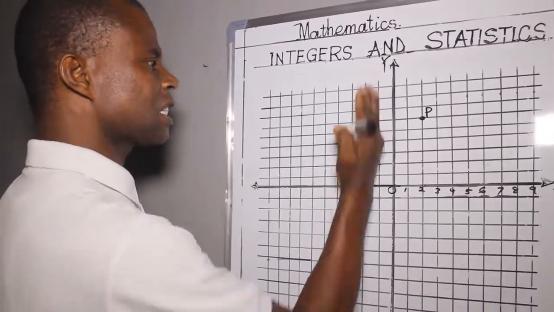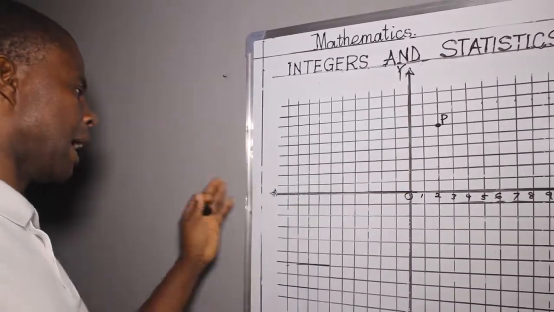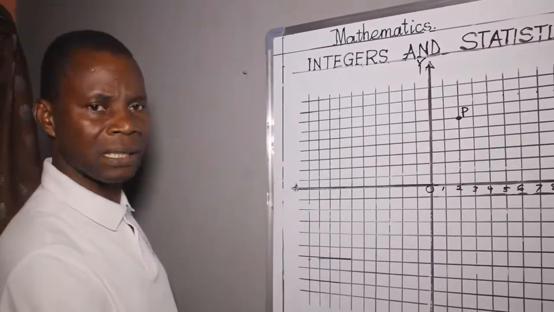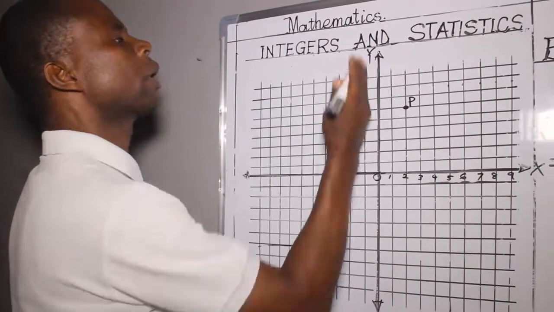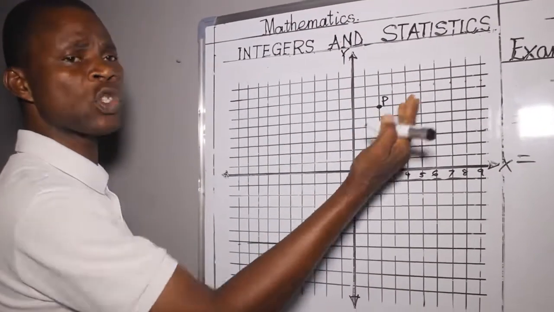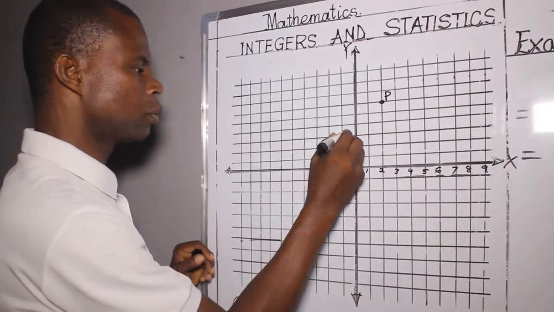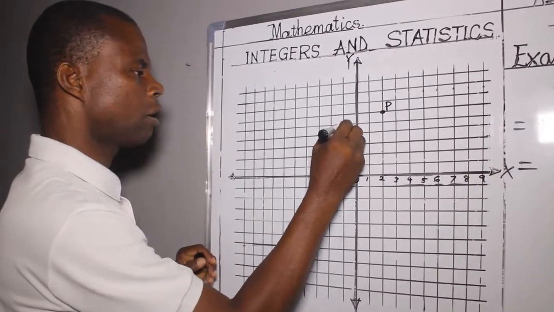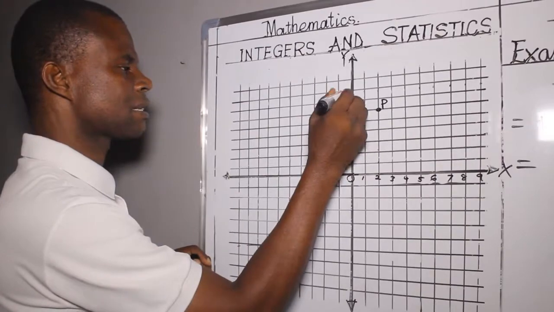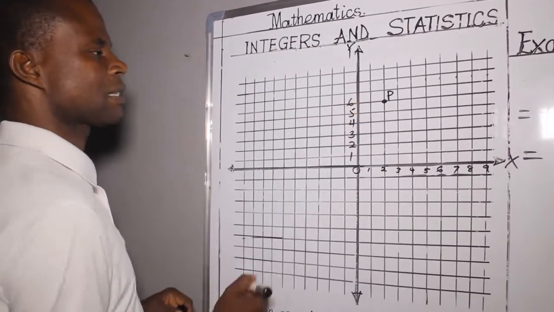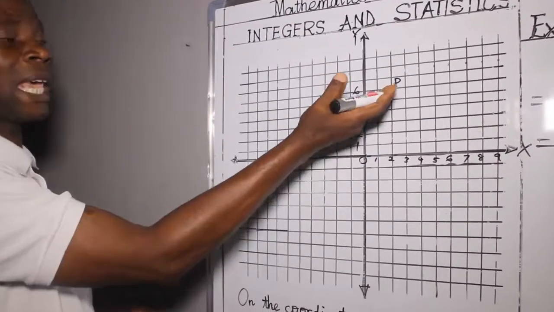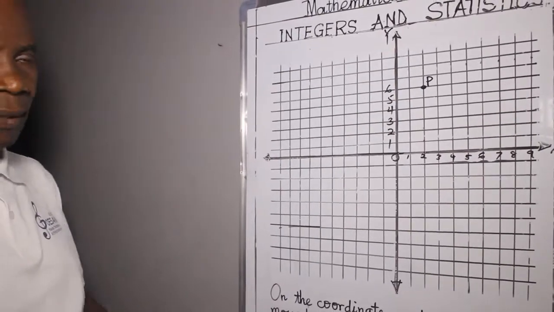This is positive, this is positive. Far left is negative, and down is also negative. So we go up now, because P is in the first quadrant. So this is 1, 2, 3, 4, 5, 6. So point P is on 6. It can continue, but 6 is where point P is.